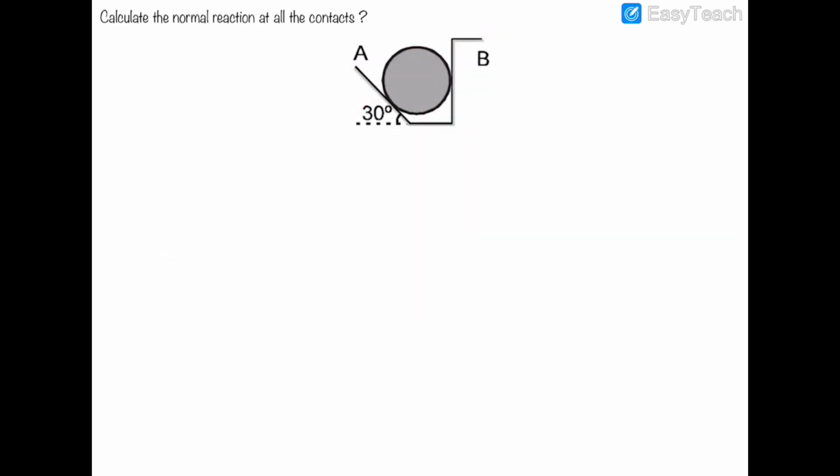In this problem, we can see that this ball is resting between a wall and an inclined plane. So we can draw the free body diagram on the ball itself, and it would be seen like that, that there will be a force mg pointing downwards.